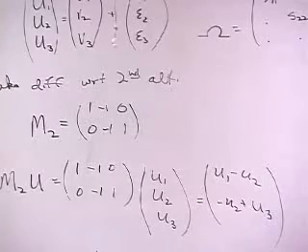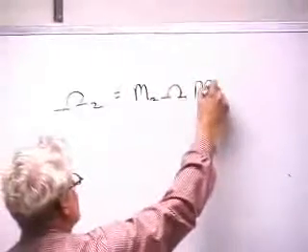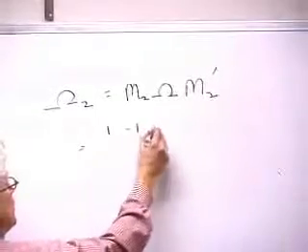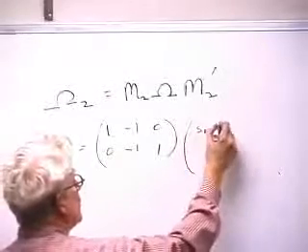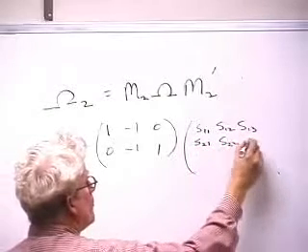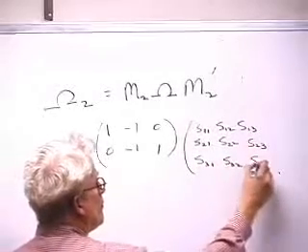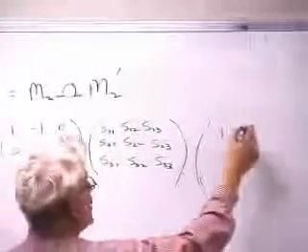Covariance matrix, we can show that too. It's just a lot of arithmetic. We want to show that omega 2, which is what we want, is equal to M2 times omega times M2 prime. Let's just write that out explicitly. Then the transpose of that.